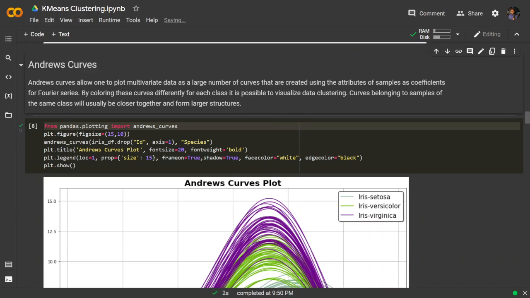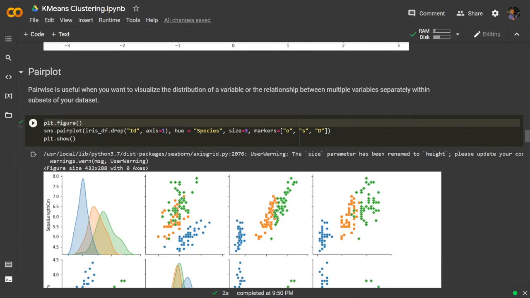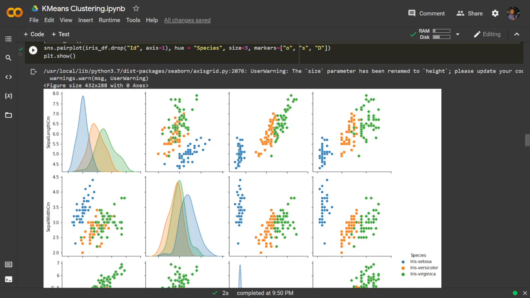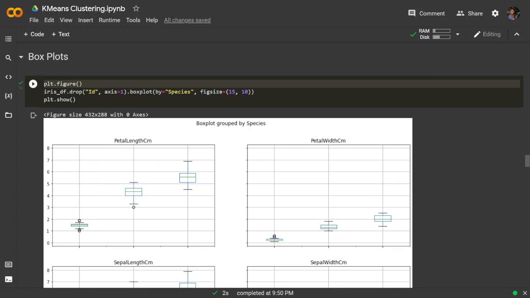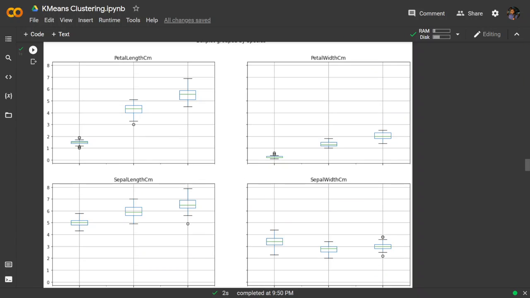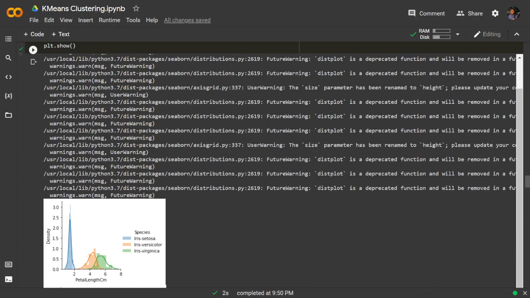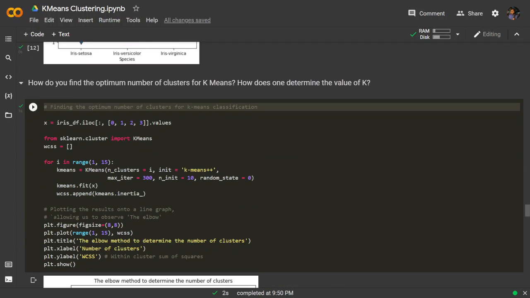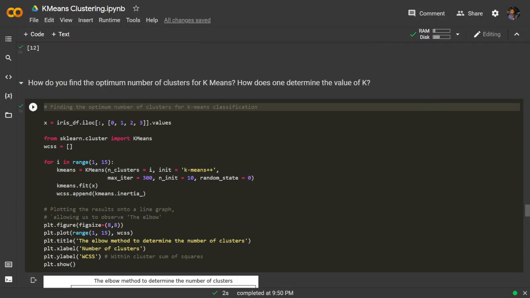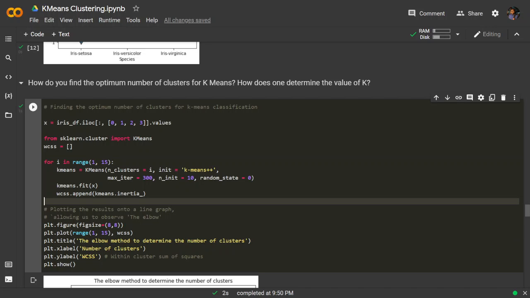And then I have done some Andrews curves, some pair plots to understand the relationship of the data with each other, some box plots to understand the spread of the classes with the different input data, and some distribution plots. Now, using this, I have understood that I need to select a particular k value using some algorithm.